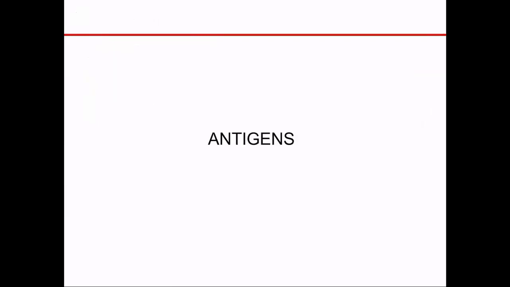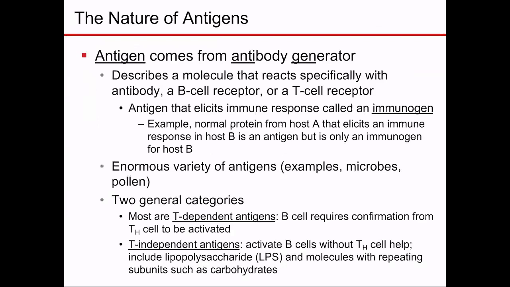So we're talking about antigens, right? And let's first review some important characteristics of antigens. So basically, an antigen, the abbreviation of that would be AG, is a molecule or a molecular structure that does not belong in our body.